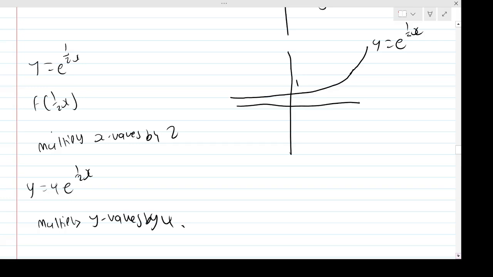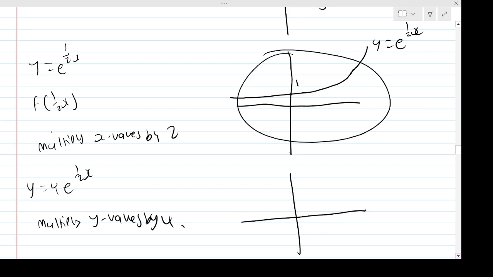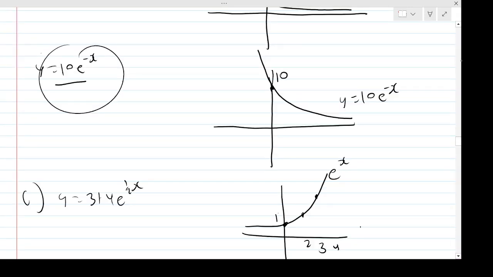We're going to do what we expect, so we're going to multiply the y values by 4. In relation to the previous graph, if the y values are multiplied by 4, firstly the y-intercept at 1 will now move to 4. Again, the same idea as the previous example when we had 10 e to the minus x.